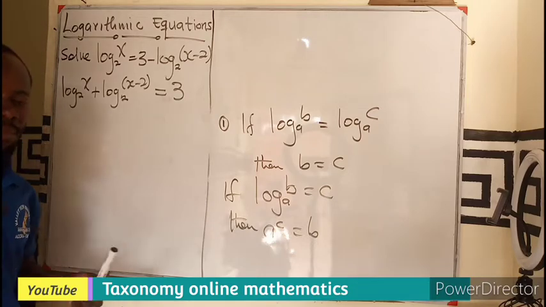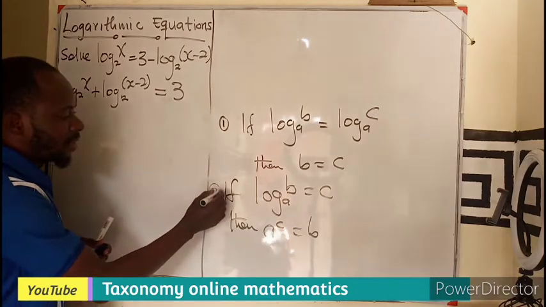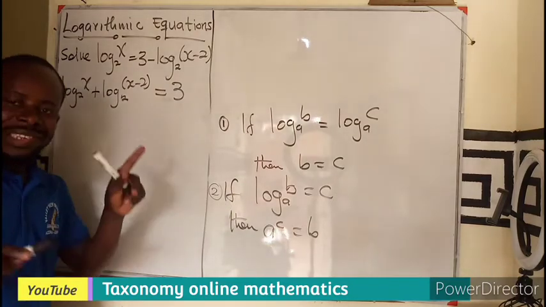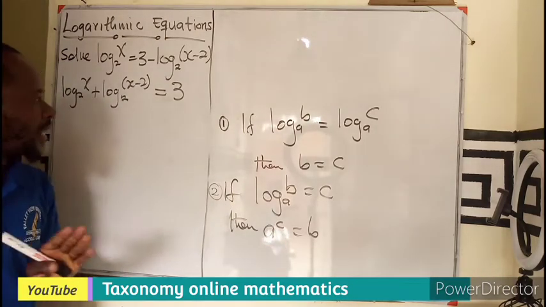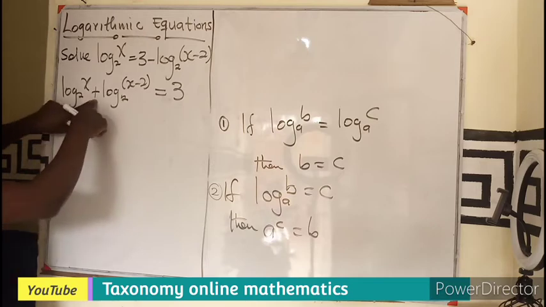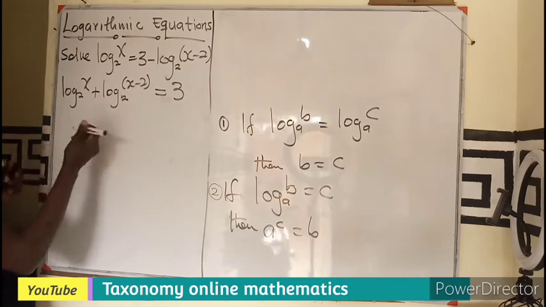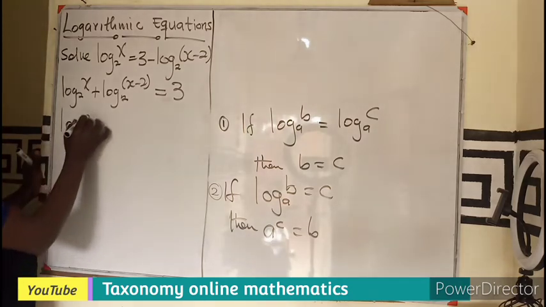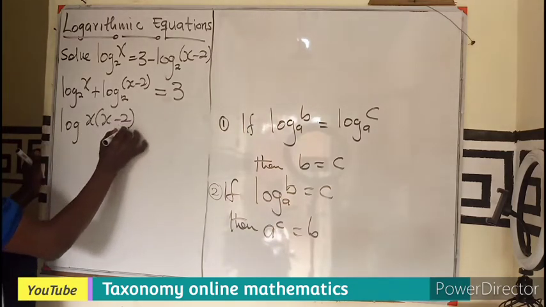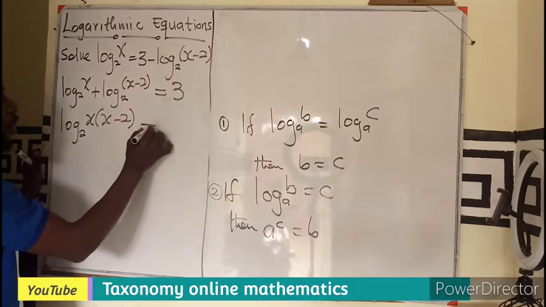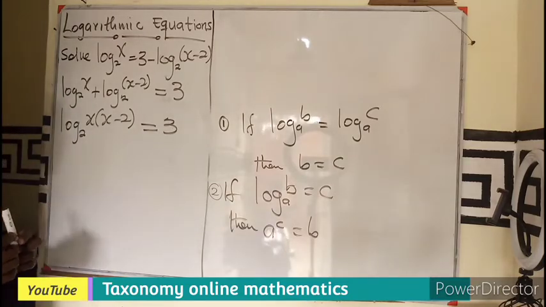Now, if I want to employ the second method, that is getting only one single logarithm in the entire equation, I can see that this is addition. So I am going to multiply the argument. So that becomes log x times x minus 2 base 2 equals what? 3.